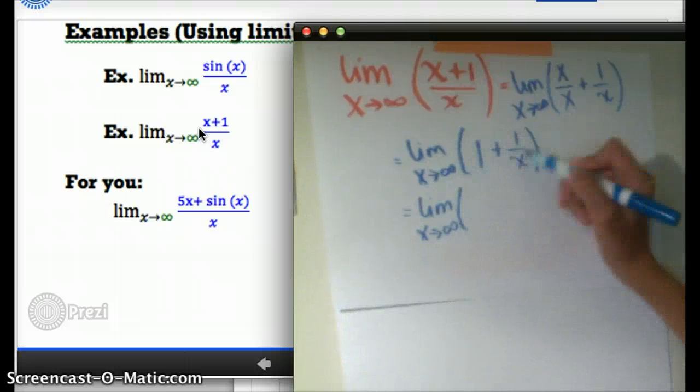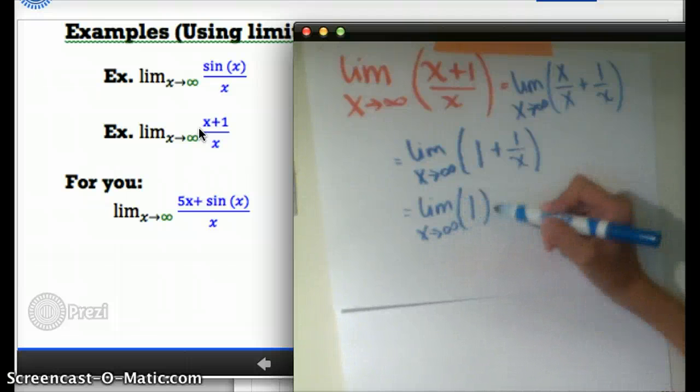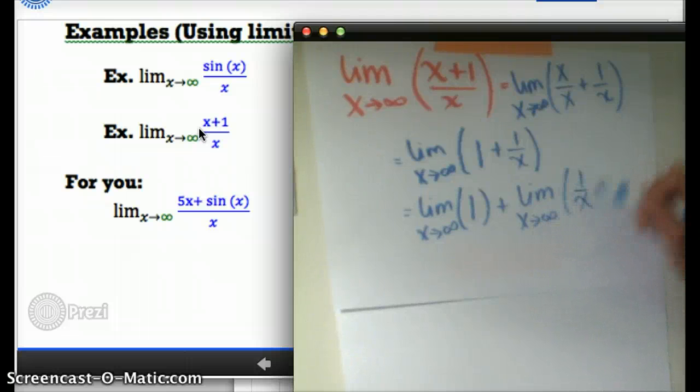But whatever it is, it has to equal the limit as x approaches infinity of 1 plus the limit as x approaches positive infinity of 1 over x.